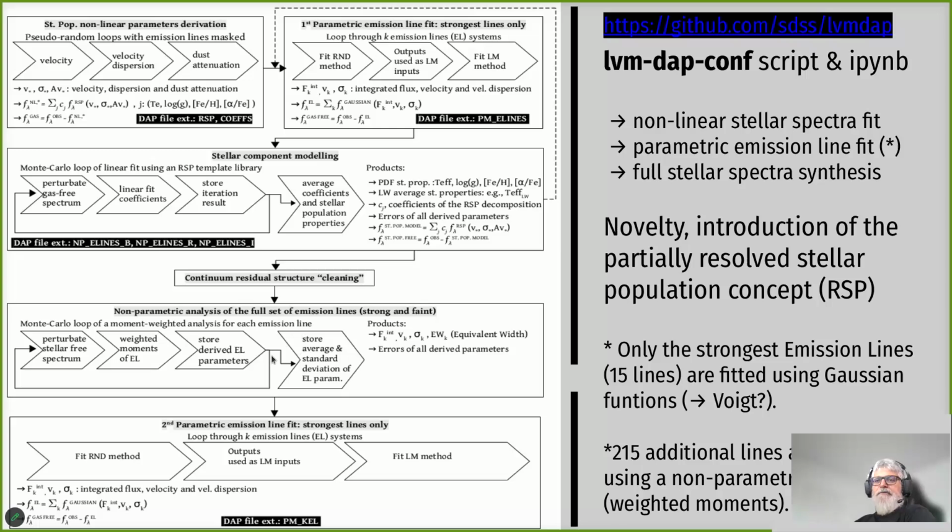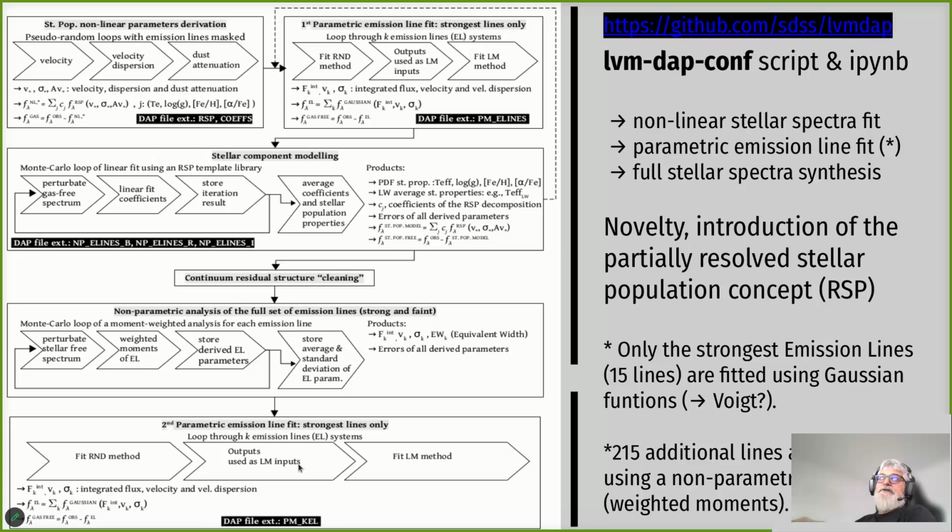And having that analysis, we also perform a second fitting, for consistency, of a larger number of emission lines using the parametric fitting and using as input and as guess the results of the non-parametric fitting. So at the end, we have 3 analyses of the emission lines so far.